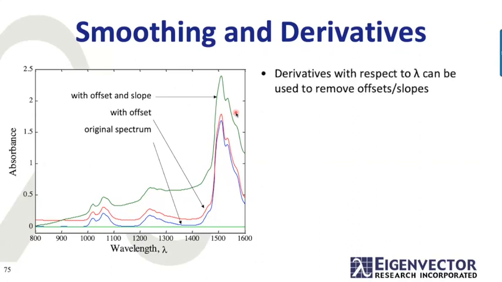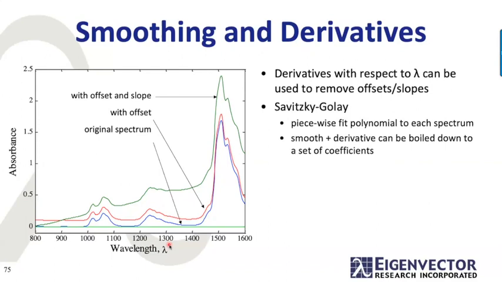What we do is we take the derivative of the absorbance here with respect to wavelength. There's a method called Savitzky-Golay. It basically fits a piecewise polynomial to each spectrum and can do a derivative of it. Turns out you can boil all that down to a set of coefficients that you just multiply the spectra by, and that was the main gist of this.